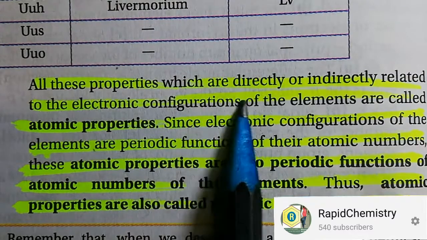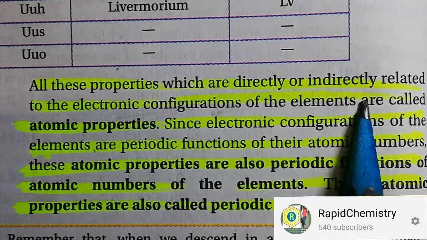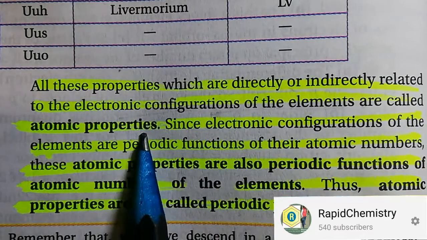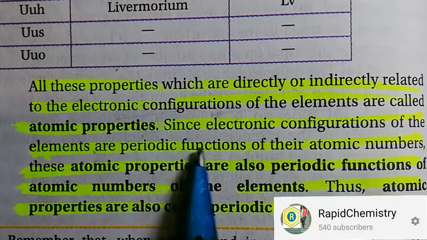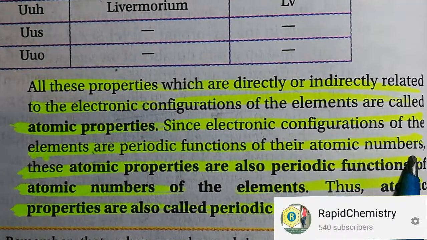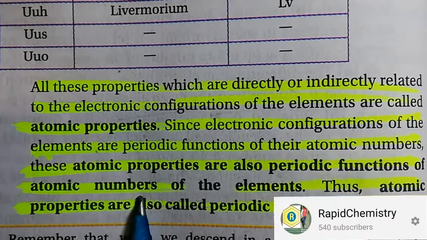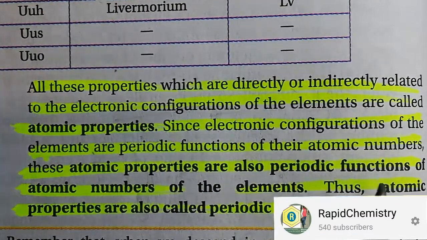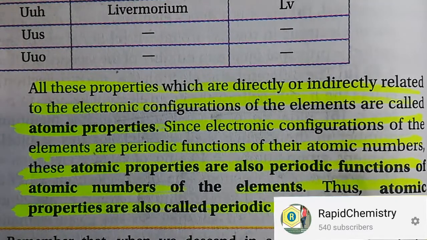All these properties which are directly or indirectly related to the electronic configuration of the elements are called atomic properties. Since electronic configuration of the elements are periodic function of their atomic numbers, these atomic properties are also periodic function of atomic numbers of the elements. Thus, atomic properties are also called periodic properties.